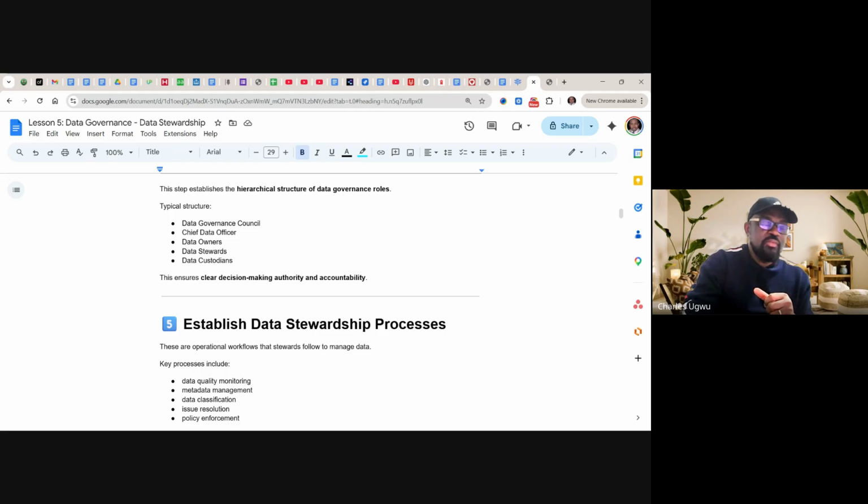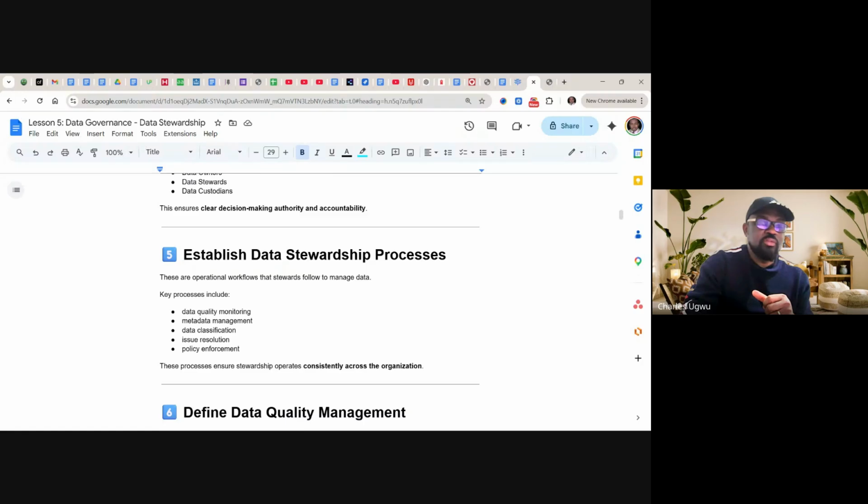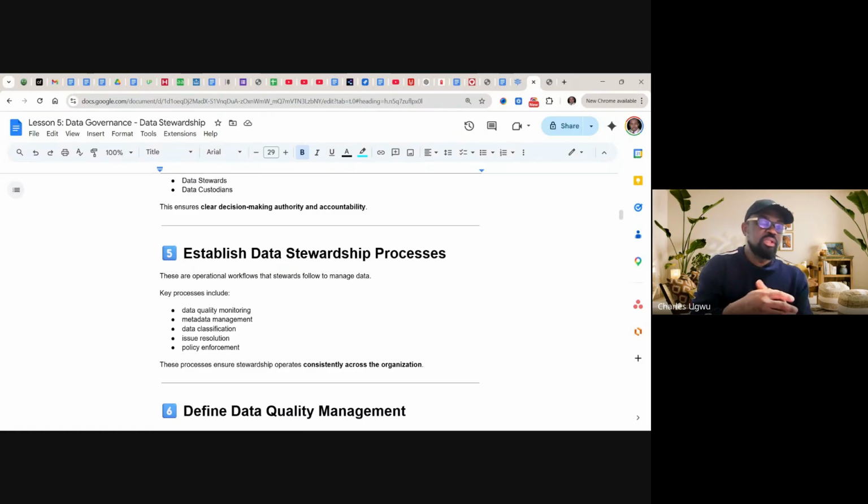So number 5 component is to establish data stewardship process. What are the processes of data stewardship? These are the operational workflow. You need to create a workflow, a kind of process flow or process map of the stewardship, to see how it's going to be managed.